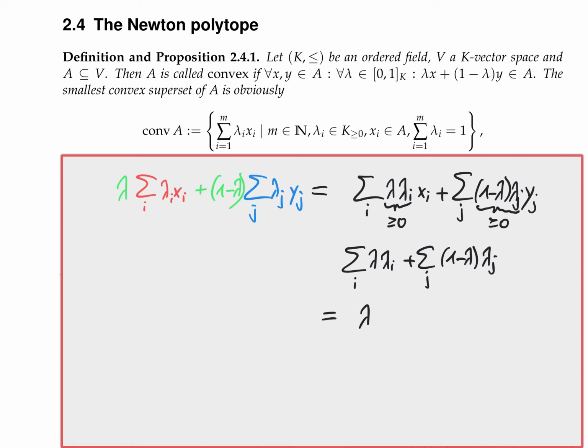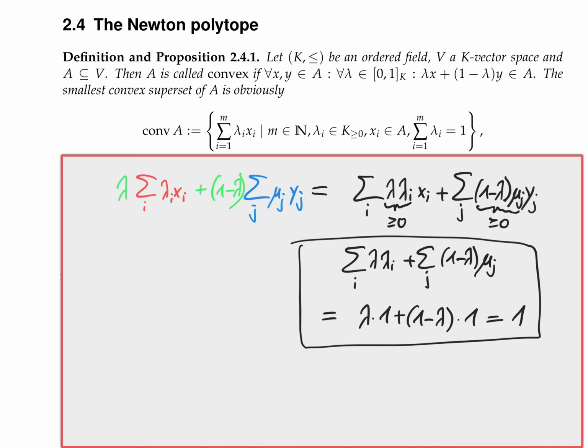Oh, sorry, I did something wrong here. I meant here, of course, mu j's. I wanted to write mu j here also. I'm really sorry. I shouldn't take the same letter. And so these are again non-negative, and they sum up to 1. So the sum over all i of lambda times lambda i, plus the sum over all j of 1 minus lambda times mu j, is lambda times 1 plus 1 minus lambda times 1, which equals 1.